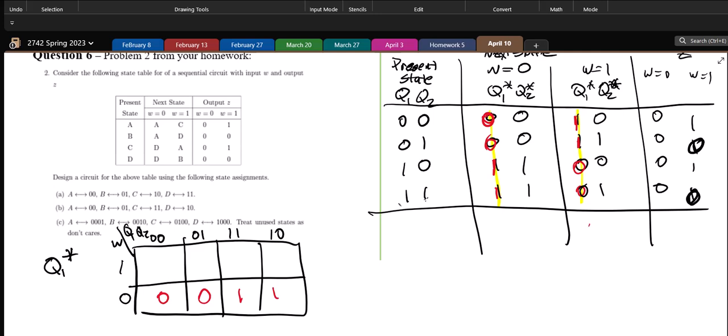So now I go to when W is 1. When W is 1, Q1 star is 1 when Q1 is 0, so that's here and here, and it's 0 when Q1 is 1.